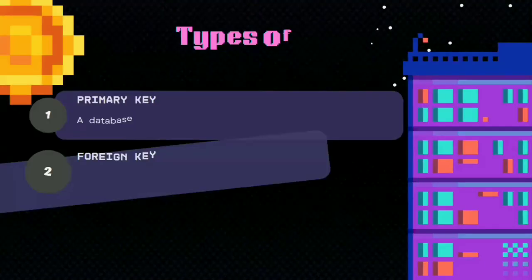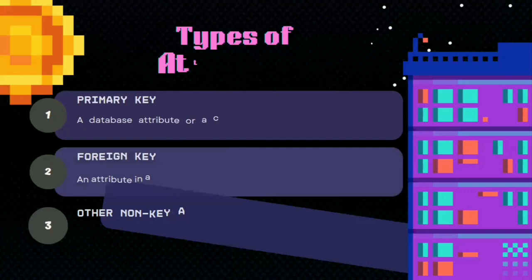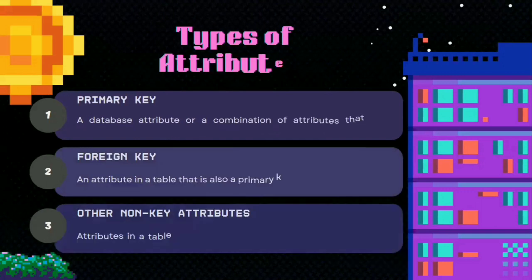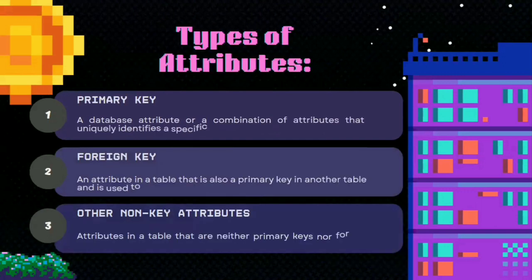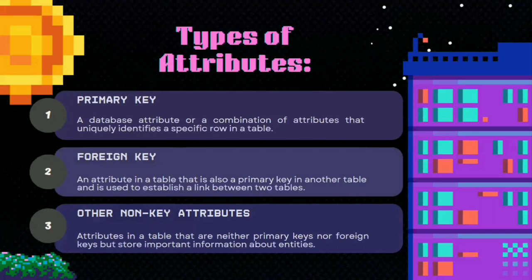Next, types of attributes. First, primary key, a database attribute or a combination of attributes that uniquely identifies a specific row in the table. Second, foreign key, an attribute in a table that is also a primary key in another table and is used to establish a link between two tables.